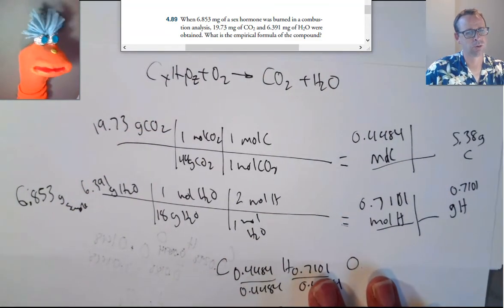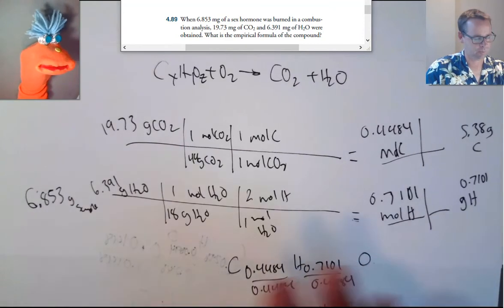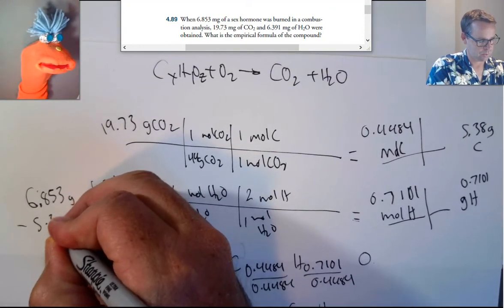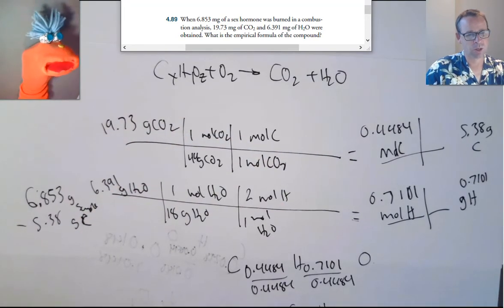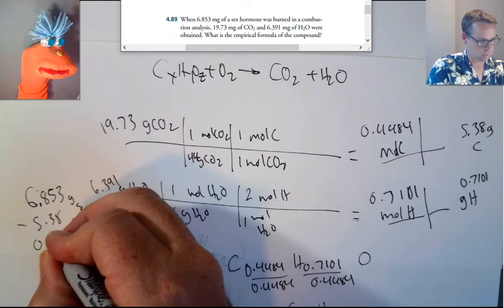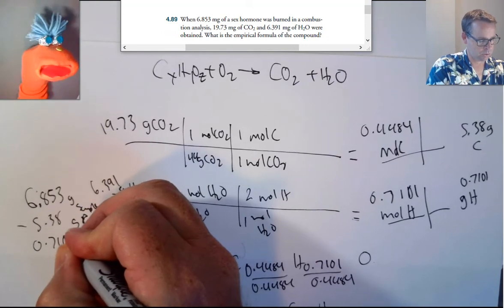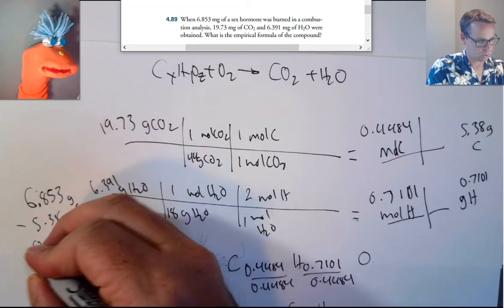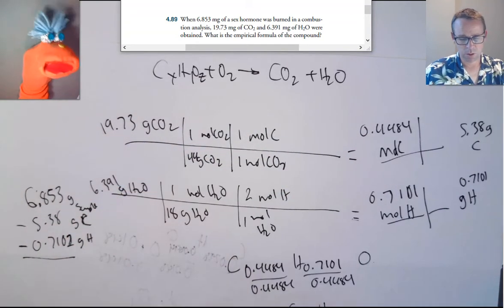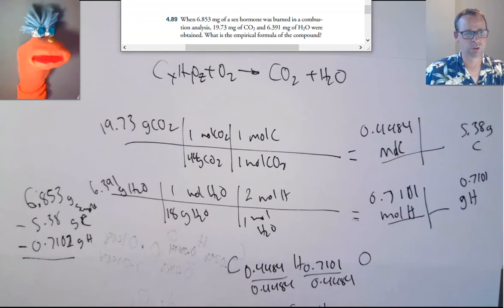Then you can subtract your grams of carbon, 5.38, and your 0.7101 grams of hydrogen. And then what's left over should be grams of oxygen, right?